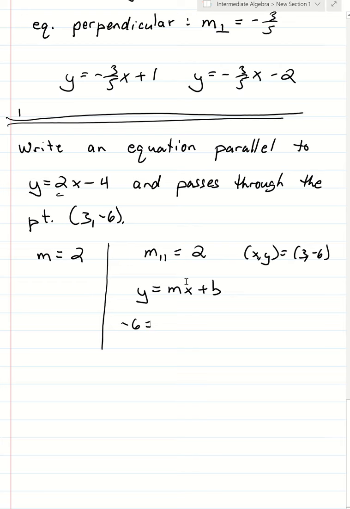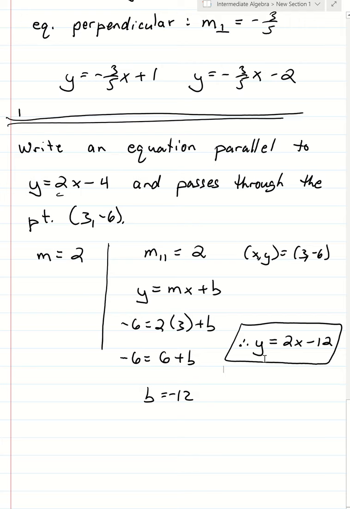The slope is the parallel slope, 2, times x, which is 3, plus b. As we simplify, -6 would equal 6 plus b. And as we solve for b, we get -12. So therefore, my answer would be y equals 2x minus 12.